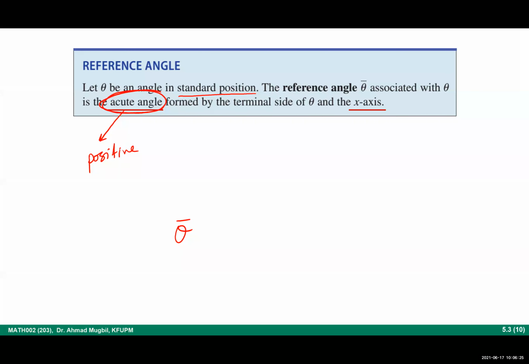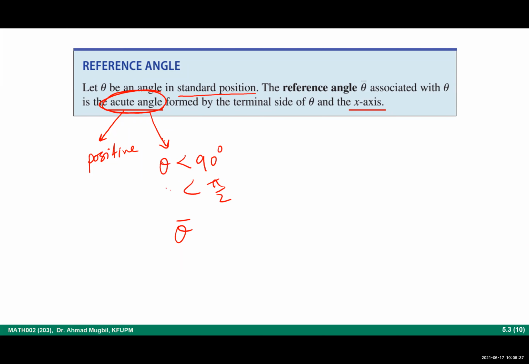What else do we understand from the word acute? It is less than what? 90 degrees, or less than pi over 2. So to combine these together, we say that theta bar is greater than 0 and less than 90. So this is the meaning of acute.